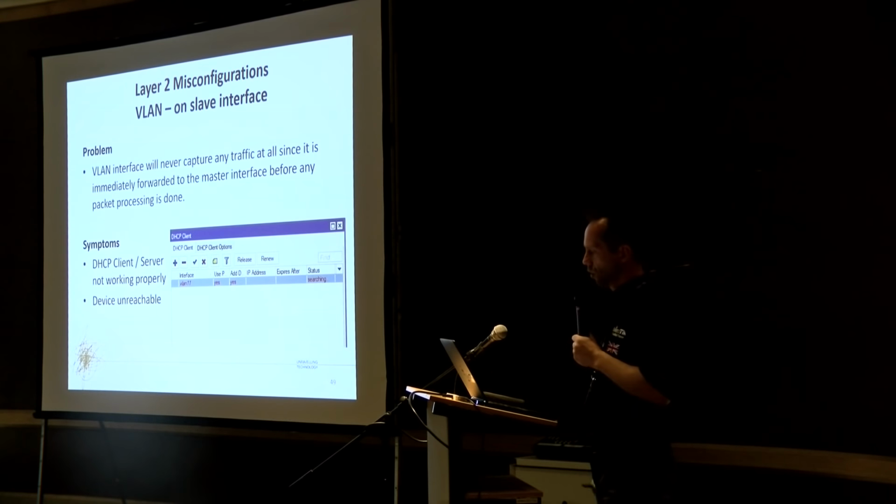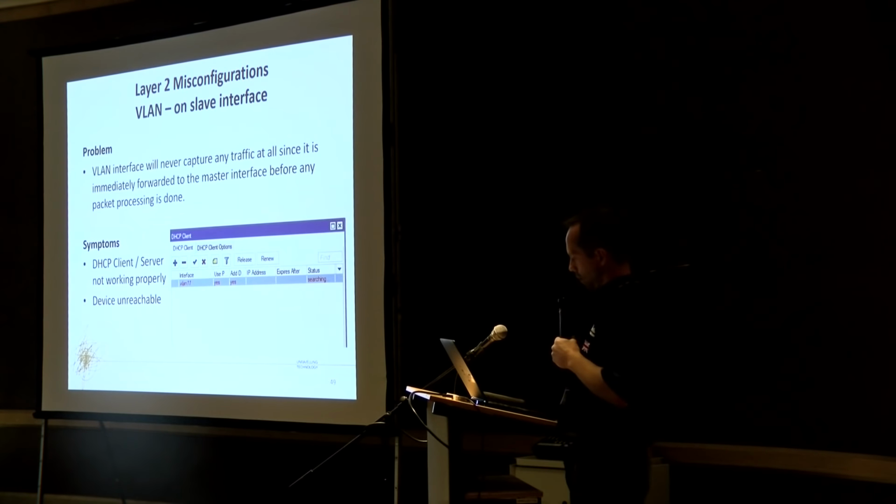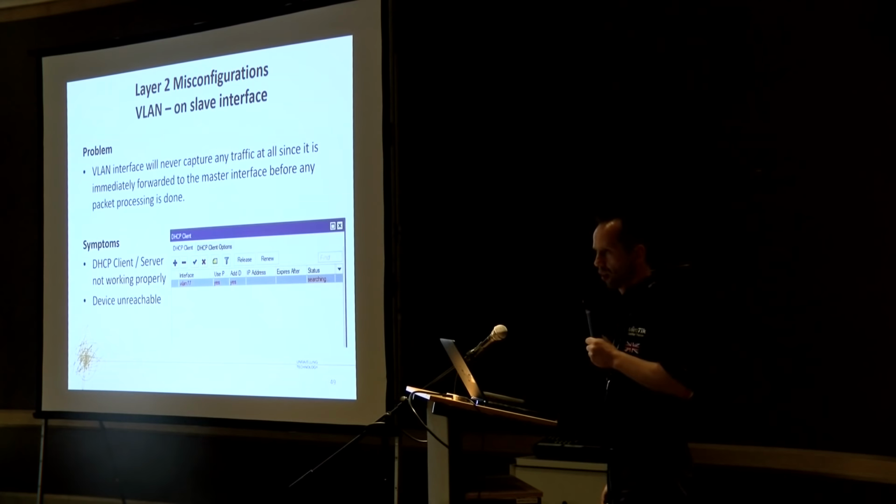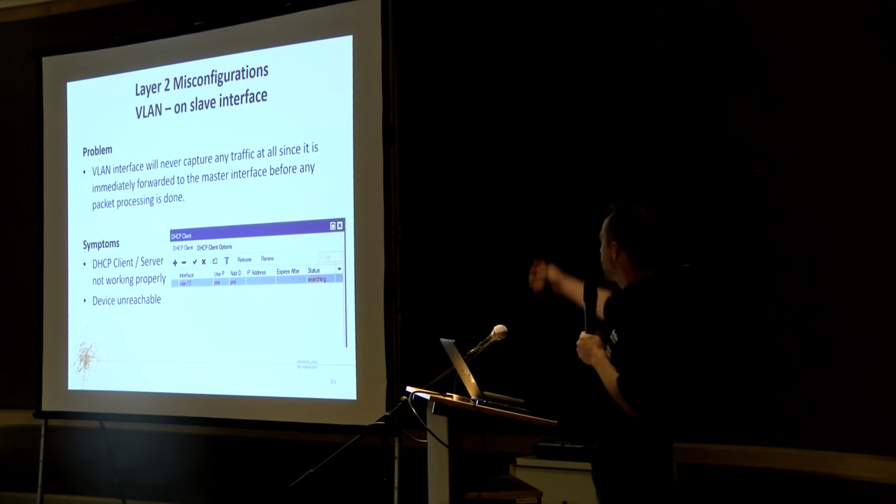But because that port is on a slave port, not the master interface, the traffic is immediately forwarded before packet processing is done. And if that was a DHCP server, sometimes it does occasionally hand out an IP address, and sometimes it doesn't. If you've lost your IP address, or you created the IP address on that virtual interface, you can't get back into your switch. I tried. I had to get my serial cable out again.